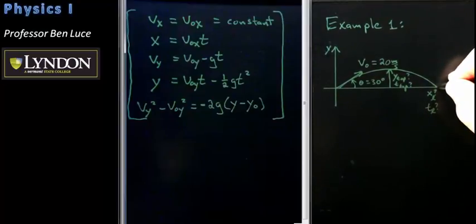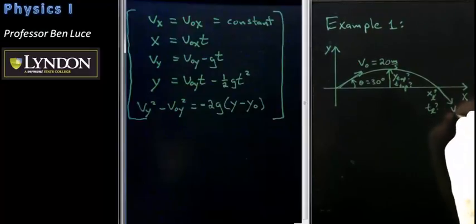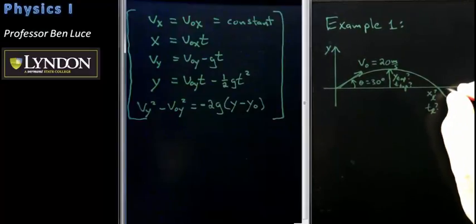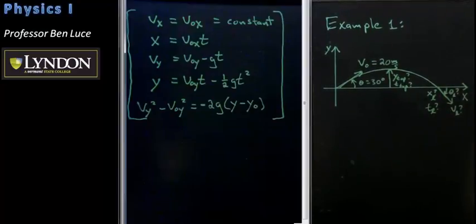Finally, we can ask what is the velocity that it lands with. That is, what is the final speed, which we can call v-land, and what is the angle that it lands at. So we have 1, 2, 3, 4, 5, 6 different variables to try to calculate here.